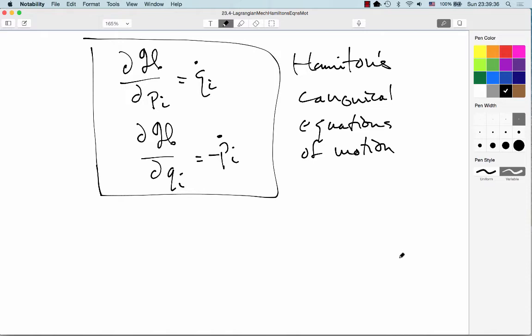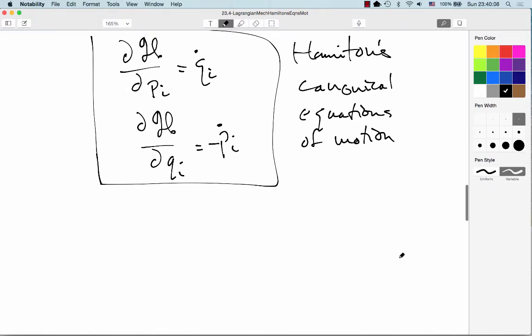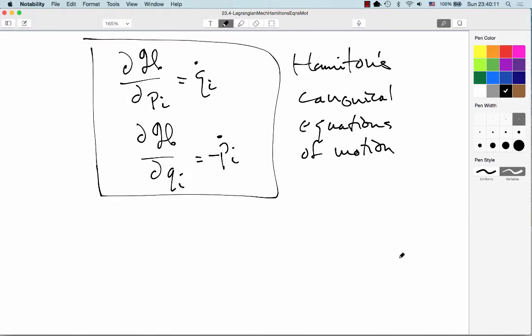You can either have n second-order differential equations from Lagrange, or you can have 2n first-order differential equations from Hamilton. Take your pick, but it turns out that for virtually any problem that you'll ever do in classical mechanics, you may as well just go straight to Lagrange, because I'll do a couple examples just to show it. You're going to find that you've just done a more complicated version of getting Lagrange's equations at the end of the day.